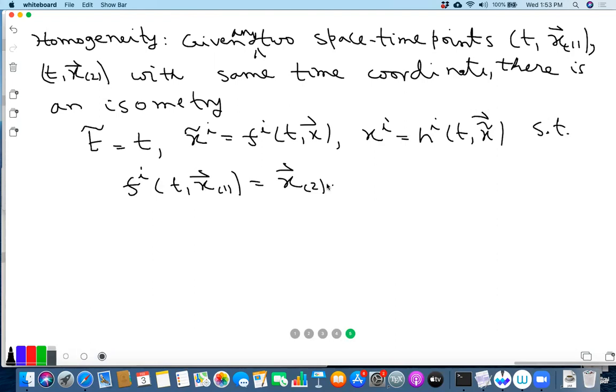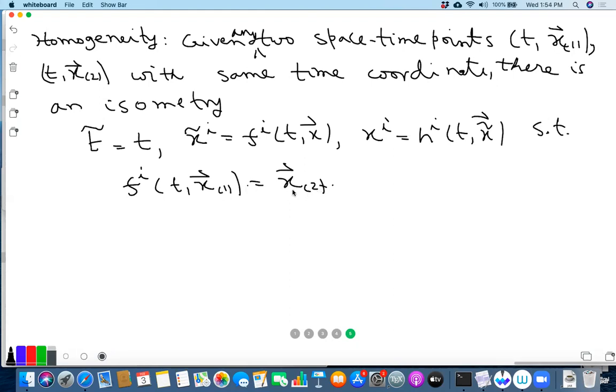Okay, so what does this mean? It means that given any two space-time points at a fixed time slice, you should be able to find a general coordinate transformation that leaves the form of the metric unchanged. That's what we mean by it being an isometry, and it maps the point x1 to the point x2.